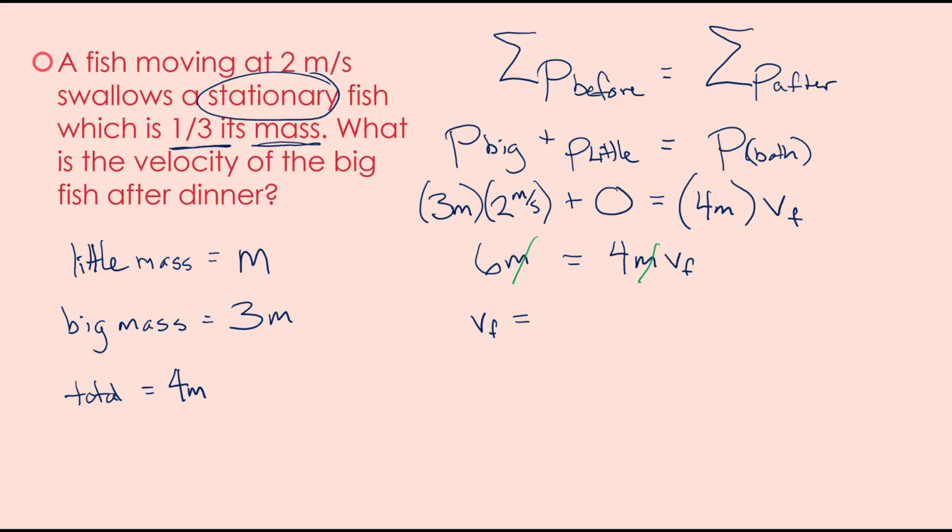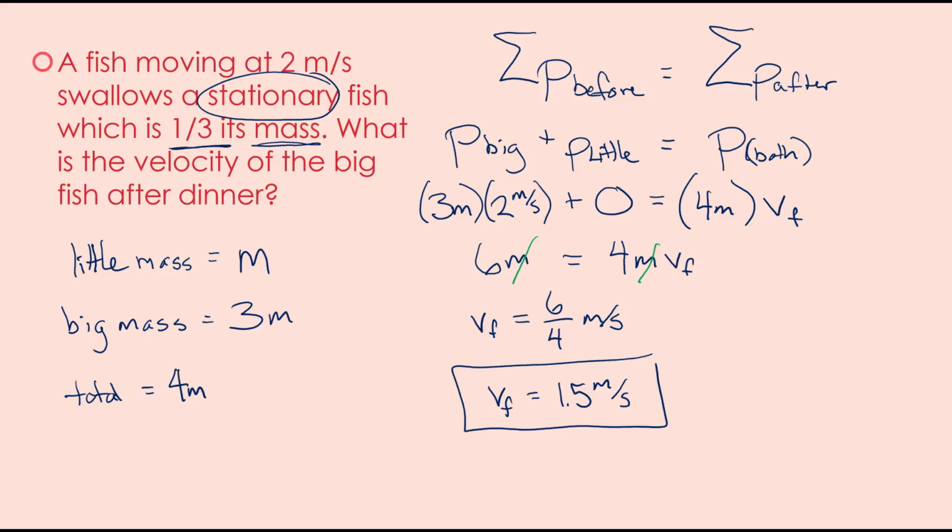We divide both sides by 4. In fraction form it will be 3/2, or we can just say 1.5 meters per second.